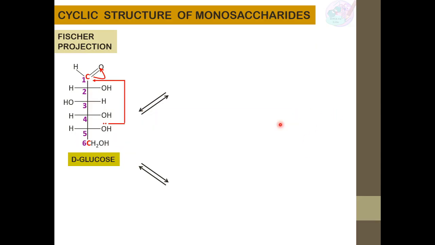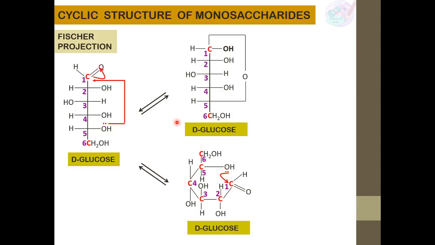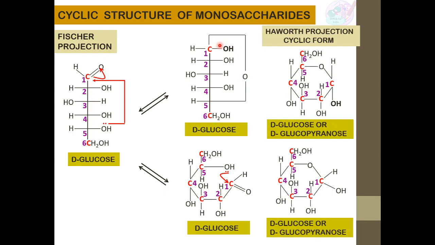I have represented this in two different forms. You can draw it this way or this way. Since the lone pair attacked this carbon, the O will be formed between the fifth and first carbon atoms. This cyclic O is formed, and the final structure will look like this.